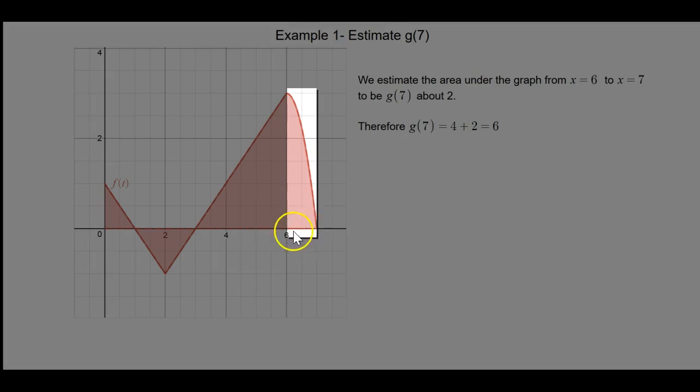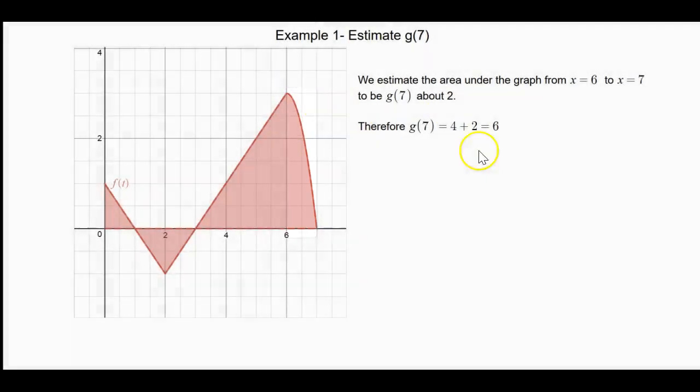Notice the scale here: this is a width of 1, a height of 2, and we can estimate that this area that's not included is approximately equal to this area above here. So we estimate that the total area, we add 2 to what we had before, and it's 6.